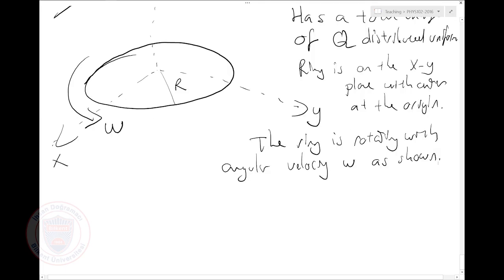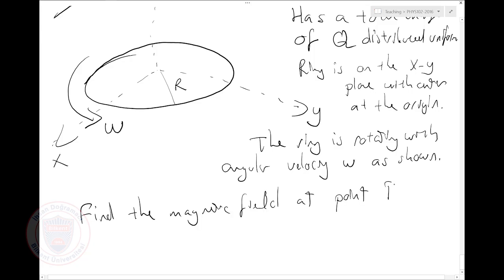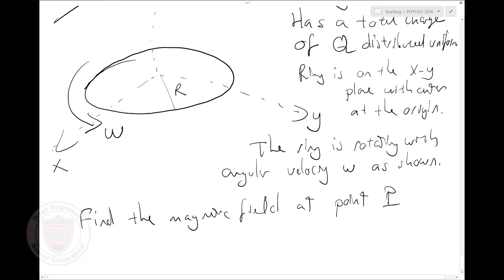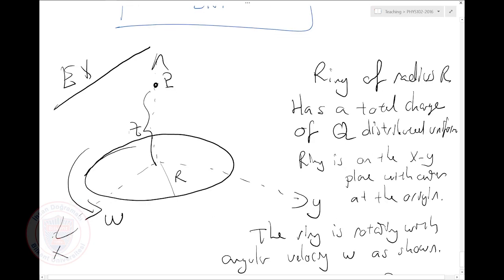Find the magnetic field at point P. Let's say this is point P, which is at z.